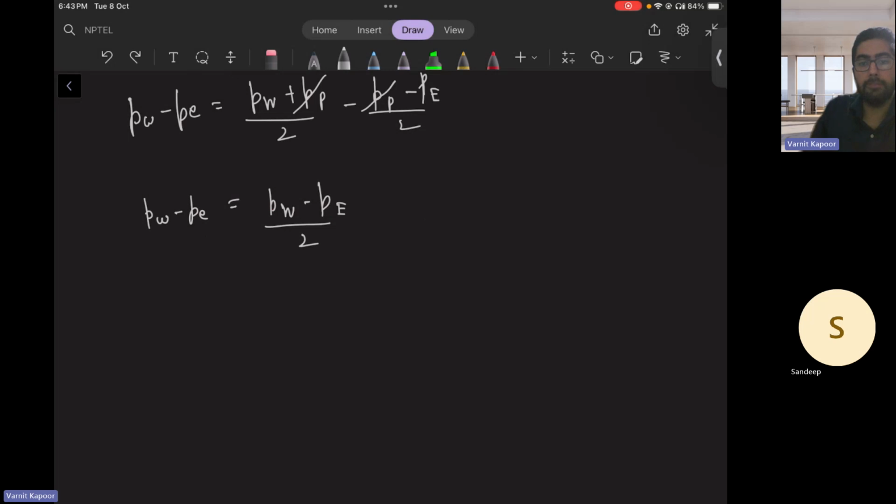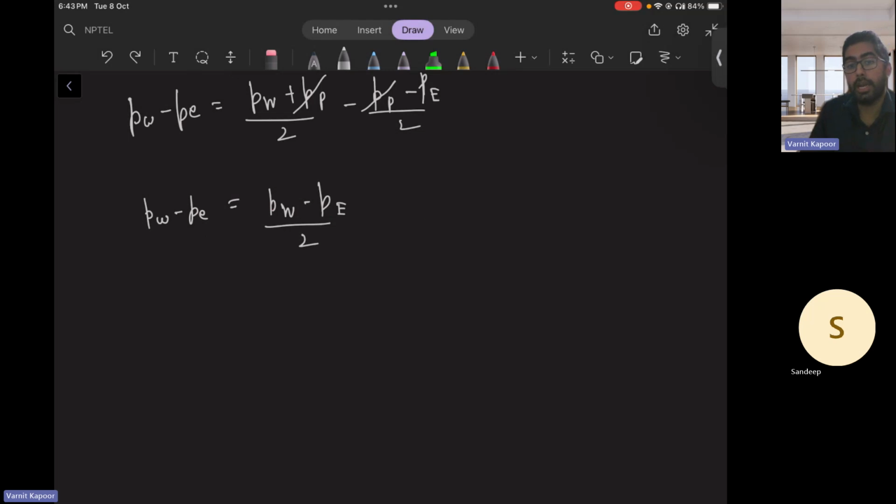So if we know P, then we can use equations 1 and 2 and calculate U. If we know the cell-centered values of east and west, then we can get the value of U by putting the pressure in those equations. But pressure itself is unknown.